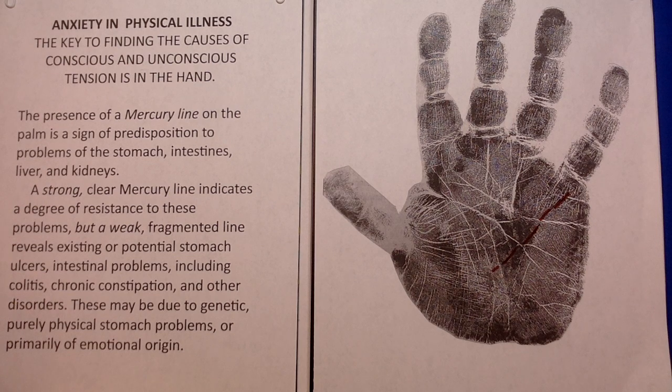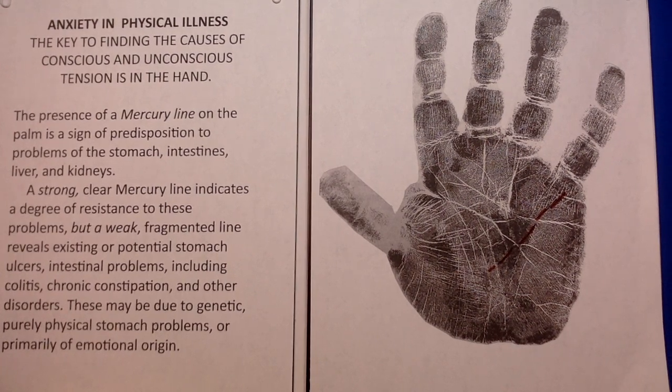Now, there are many others, but these are the three I'm talking about. Many find this far more difficult to manage than anxiety. It's like you're not aware that anxiety is showing itself as a sign in your hand, but you know you do have it, okay? So that's what we're talking about.